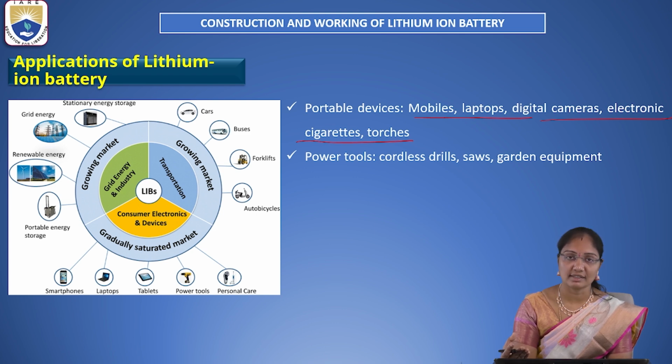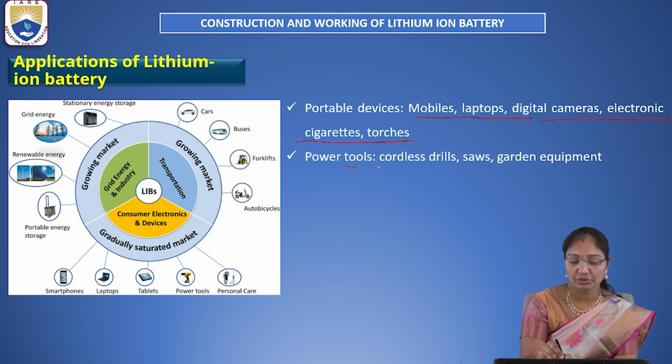A lot of research and development is going on these batteries. Lithium ion is most preferable because it is a very light material, and compared to the other metals in the periodic table, it has a greater tendency to undergo the reduction and oxidation process.